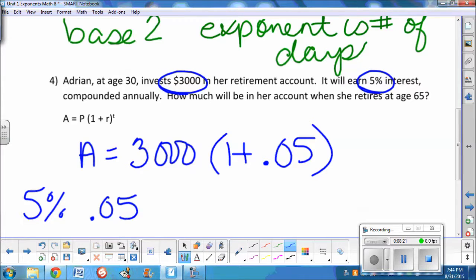And how many years, okay, how much will be in her account when she retires at 65? So if she's 65 years old when she retires, and she put this money in at 30, how many years have passed? 35 years.